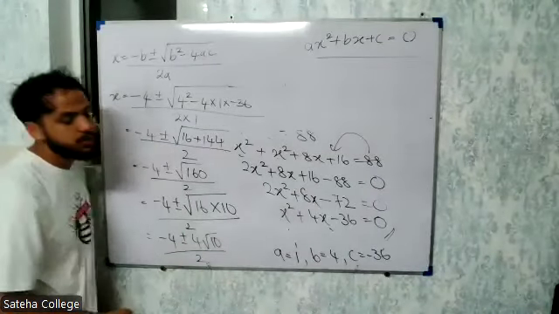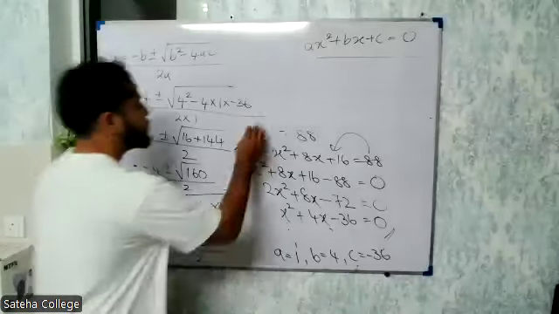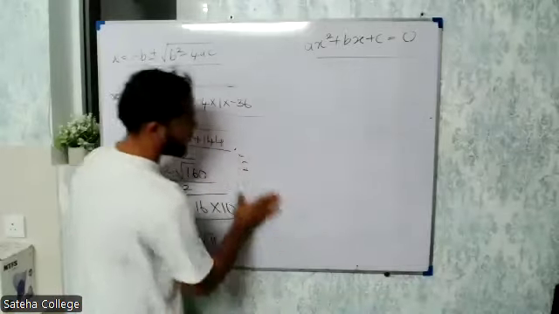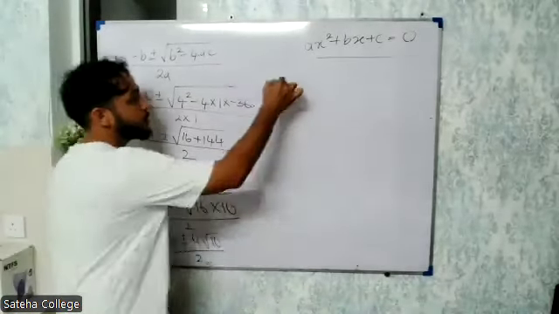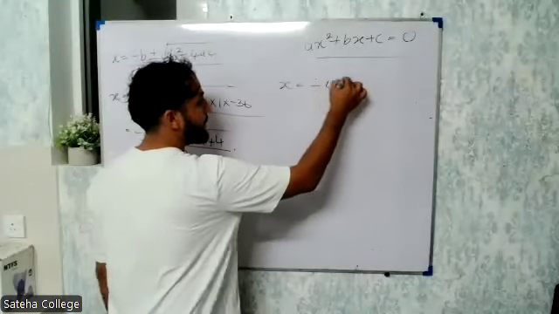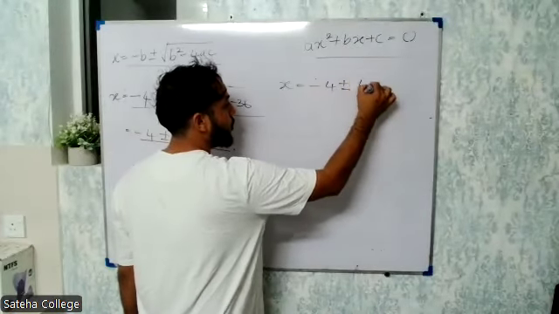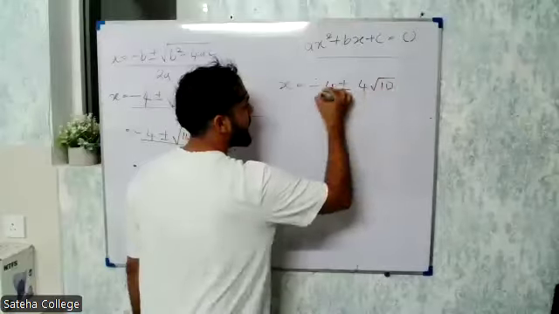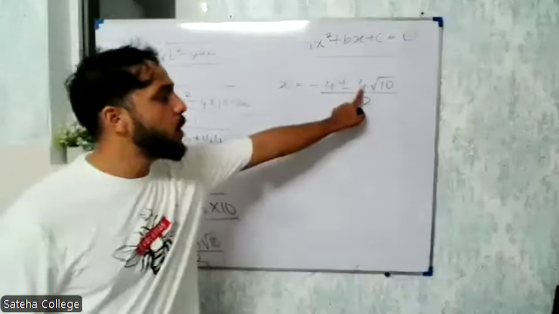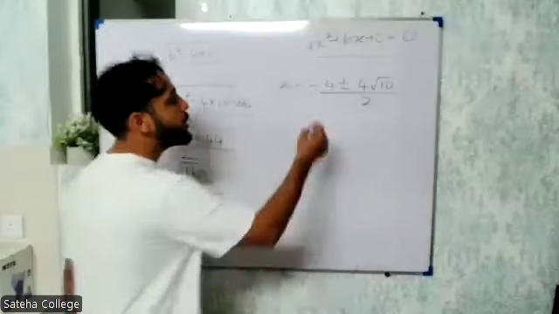4 root 10, divide the whole thing by 2. Now they have given you the square root of 10, so x is equal to minus 4 plus or minus 4 root 10 divided by 2. Now we can get rid of this denominator. Why? Because in 4 and 4, you can take a common 2.